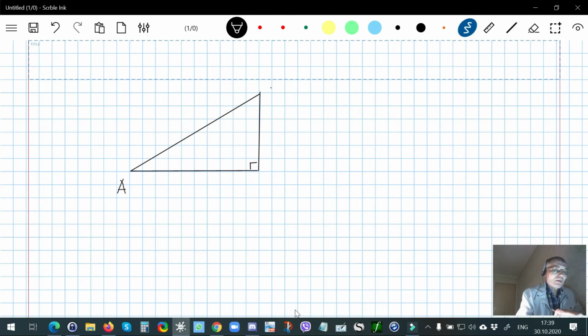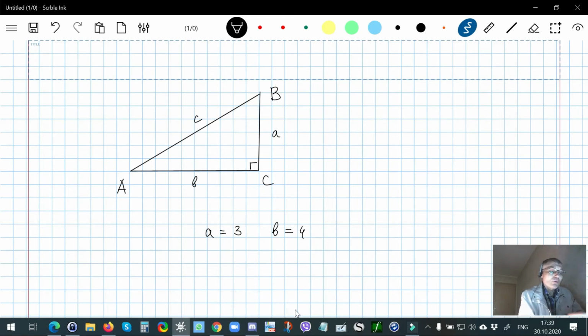It's A, B, C. And usually the opposite sides we call with small letters. This leg is a, this leg is b, and the hypotenuse is c. And let us apply the theorem in this simple case when a equals 3 and b equals 4.